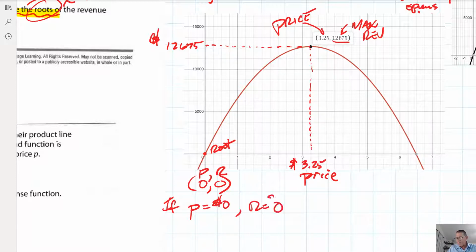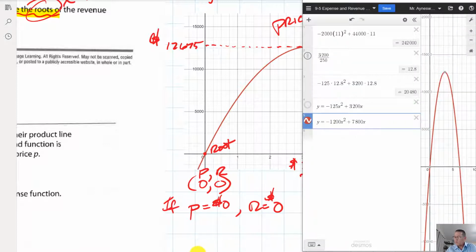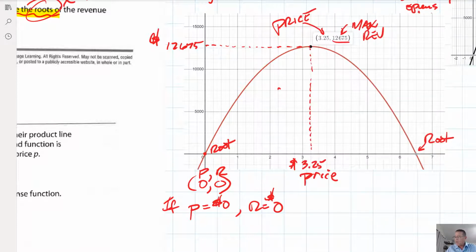In this one here, the second root, there's another root here, and this one occurs at, let's go back to Desmos, forgot what it was, 6.50. Right, halfway between 6 and 7, so it's 6.50. So the second root is at (6.50, 0).